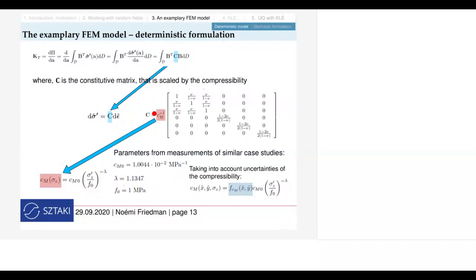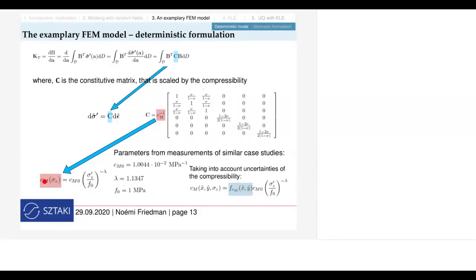So this was the constant that was the uncertain random variable or random field for me. If I suppose that at all the mesh points this compressibility is the same, then this is just one random variable. If I suppose that it can change throughout the spatial domain, then this is a random field.